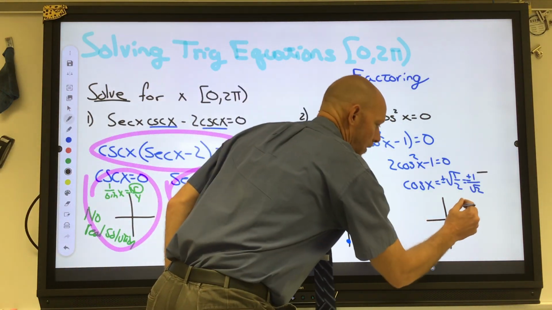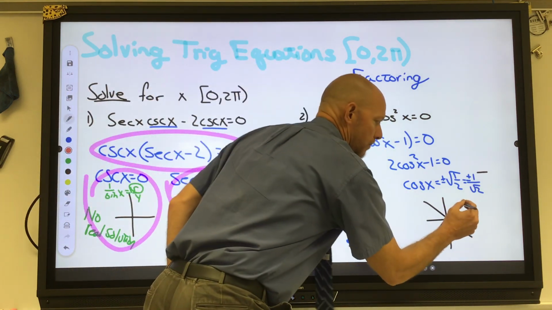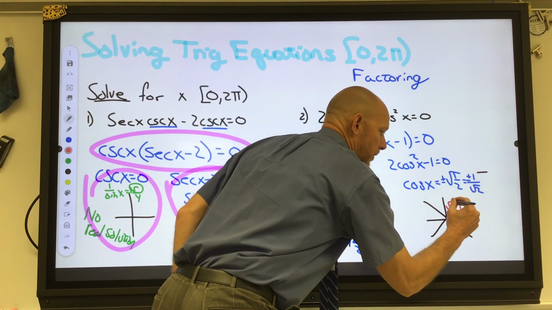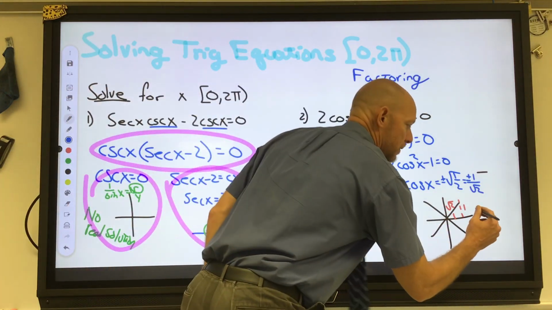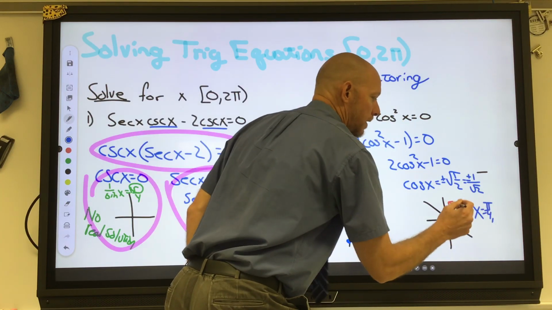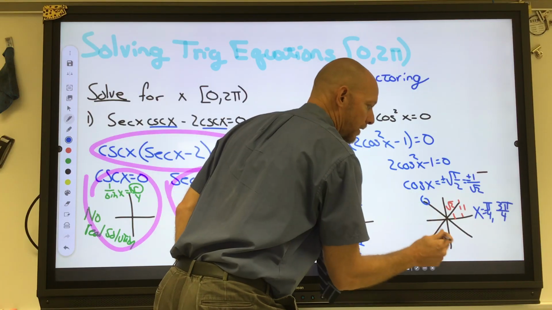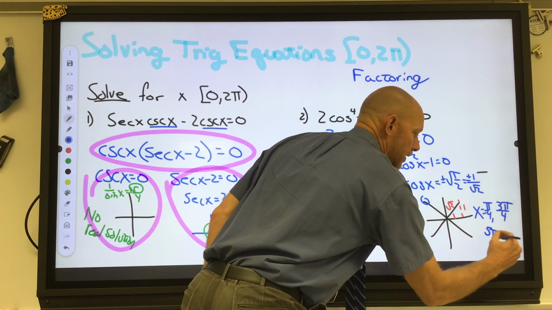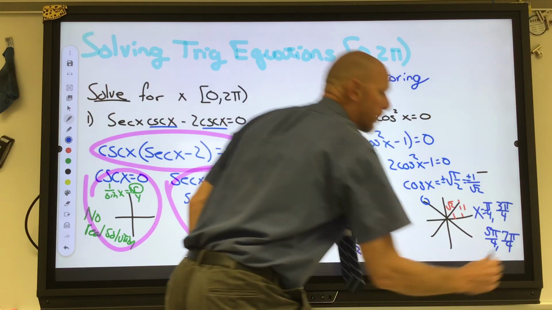In our second expression, we're going to have all 4 quadrants occupied. If I represent the 1 and the square root of 2, that's my 45-45-90 triangle, which tells me x is equal to pi over 4, 3 pi over 4, 5 pi over 4, and 7 pi over 4.